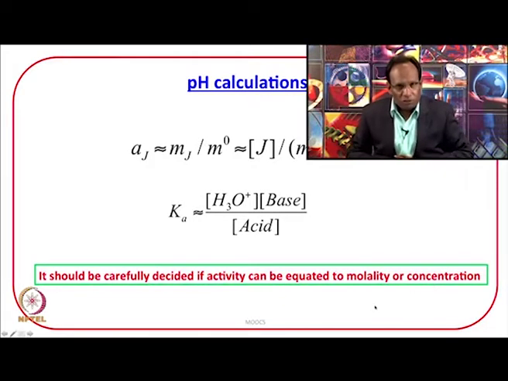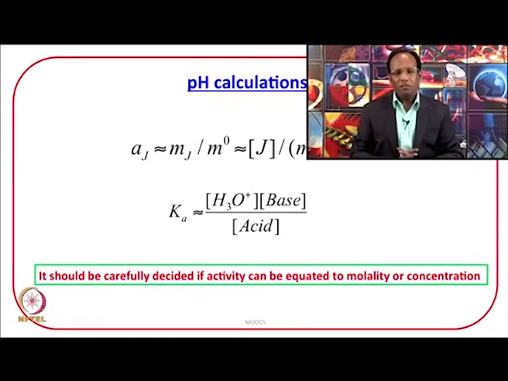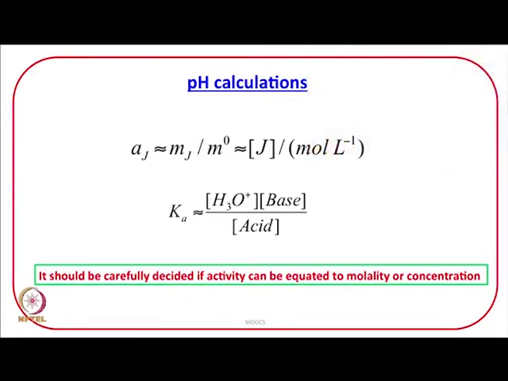We need a small discussion over here. When I was discussing the activity and activity coefficient, I mentioned that the concept of activity or activity coefficient is very, very important.